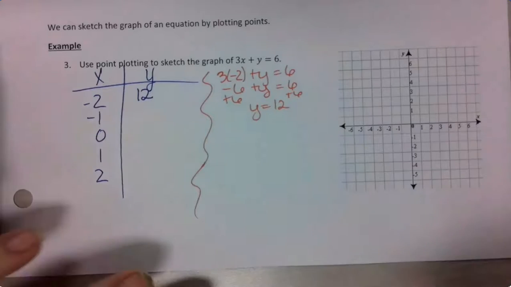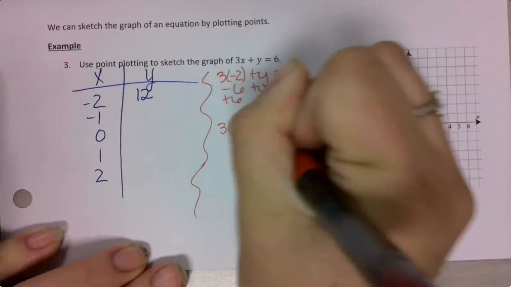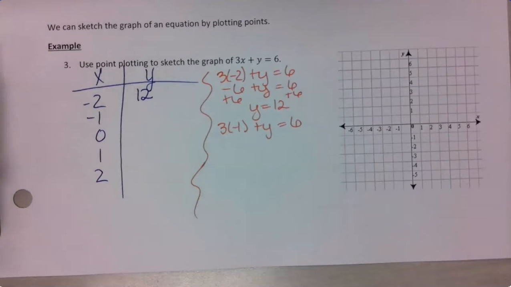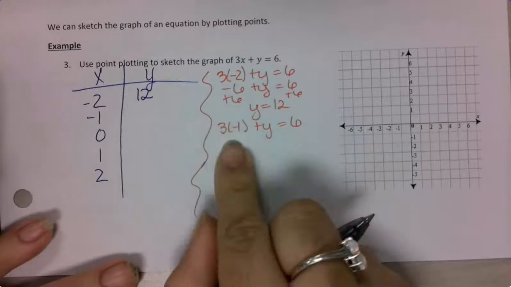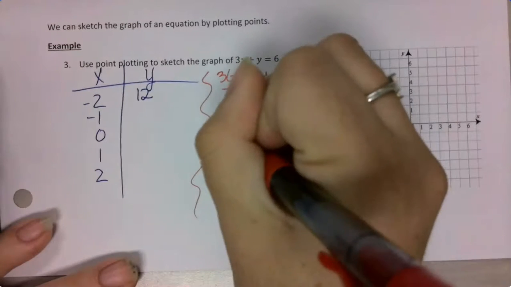Okay. Then I want to do the same thing for negative 1. So 3 times negative 1 is negative 3.